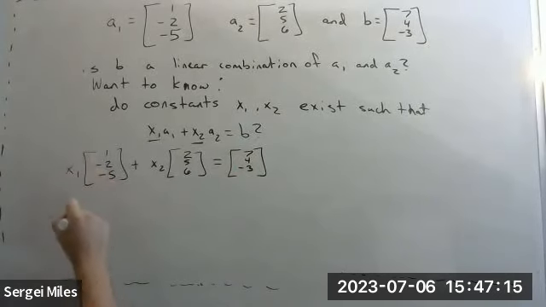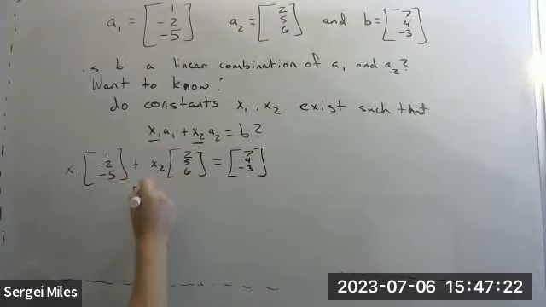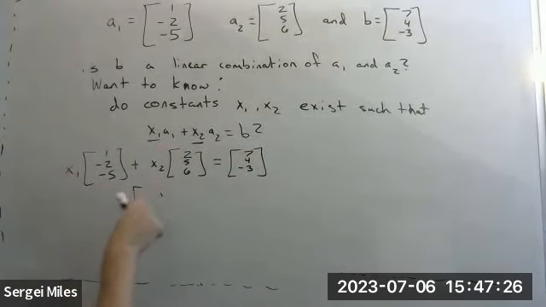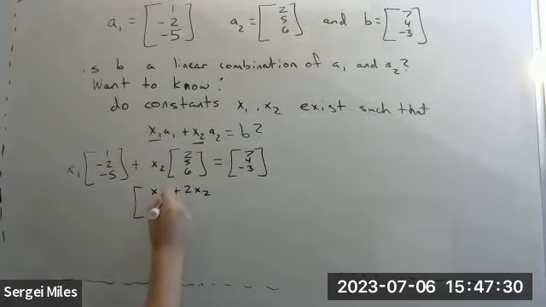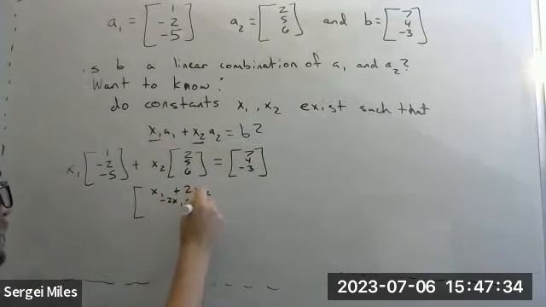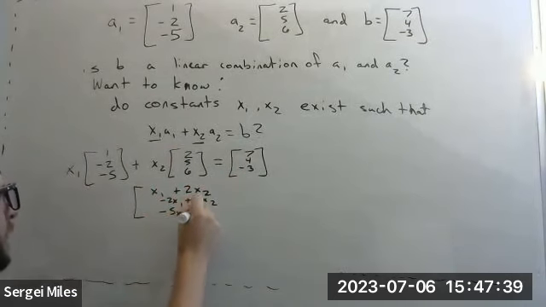But I could multiply x1, I could multiply x2, and then I can add these vectors together. So really what we're trying to do is, if I multiply this vector by x1, I'm going to add it, then we end up with this. In other words, lo and behold, what do we have here?